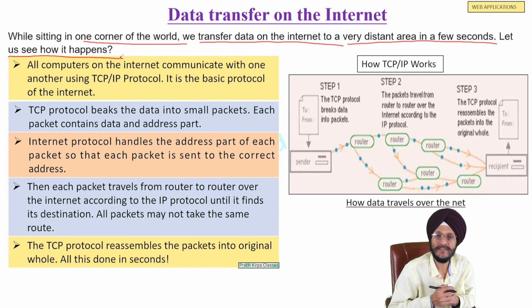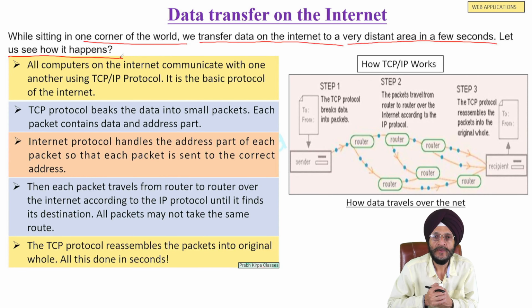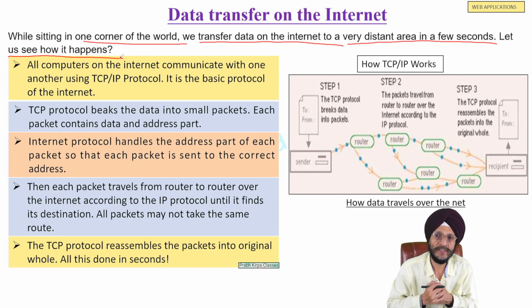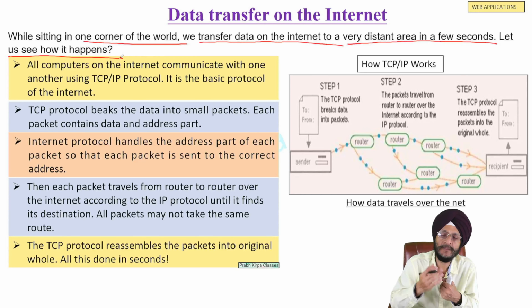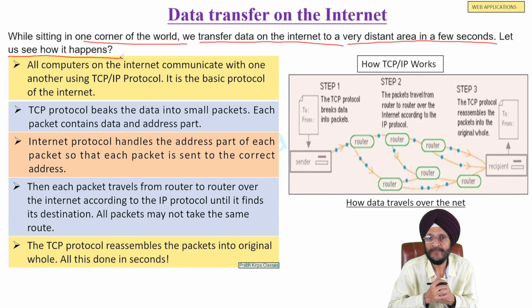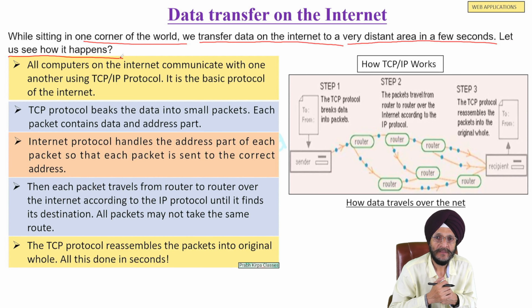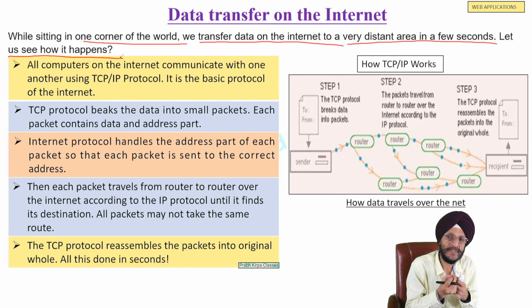We normally send email or some video to our relative, friend, or business associate. Have we ever thought how the plain data or video or music file has reached the other person who is living abroad or in some other city in a matter of just a few seconds? Let us see how it happens.